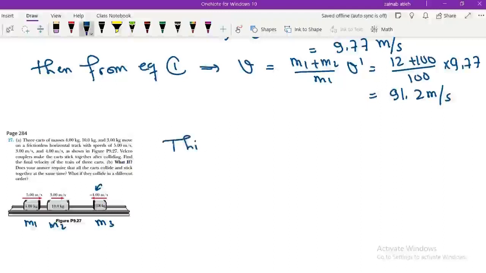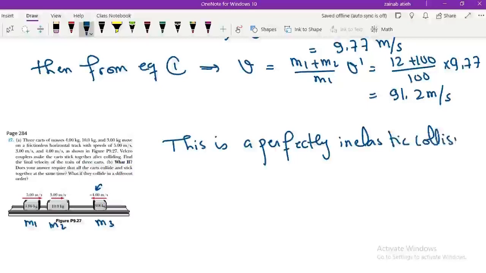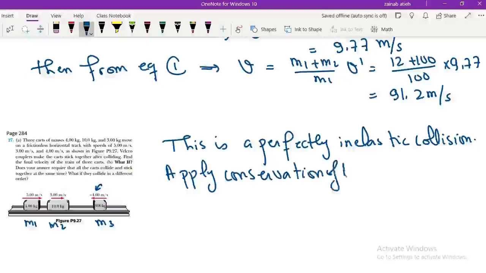So this is a perfectly inelastic collision. Apply conservation of linear momentum.